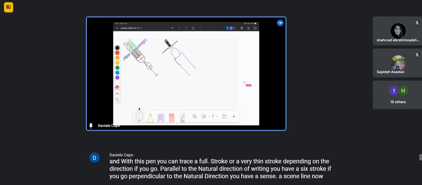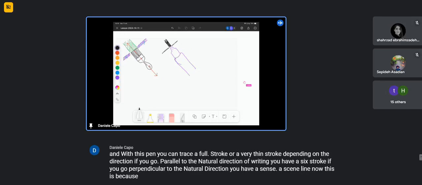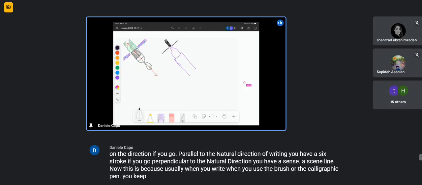Now, this is because usually when you write, when you use the brush or the calligraphic pen, you keep a constant angle of writing.